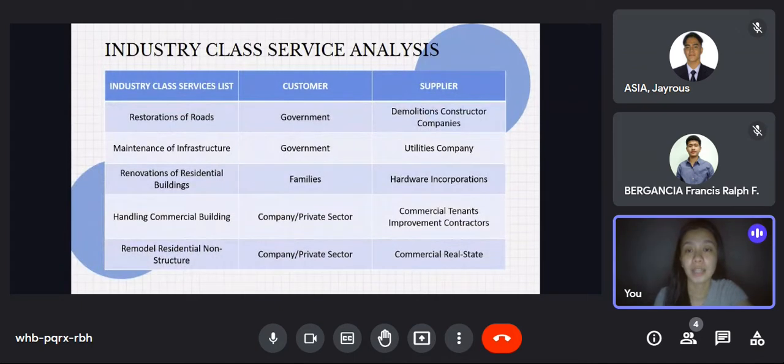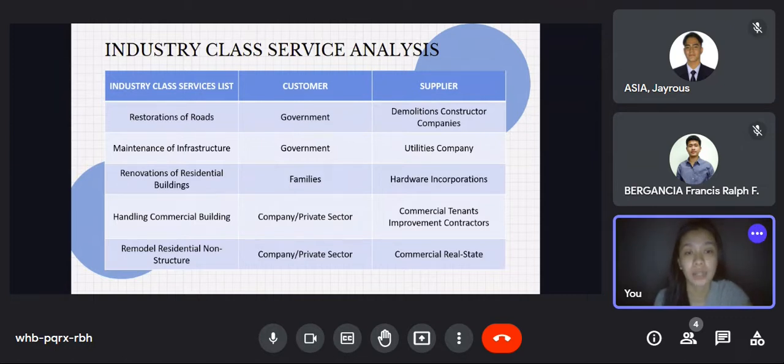So the next slide is the industry class service analysis. From the column industry class service list, we have the restoration of roads, maintenance of infrastructure, renovation of residential buildings, handling commercial buildings, and remodeling residential non-structure. From the column customer, we have the government, families, companies, and the private sector.